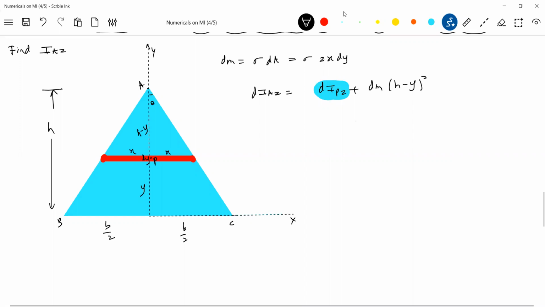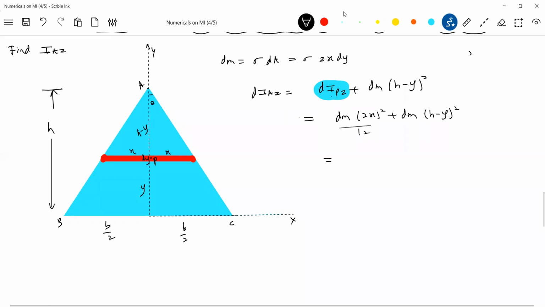So then substituting this, what should be the moment of inertia of the strip about axis passing through its center and perpendicular to its length? That should be equal to dm into the length, 2x by 12, plus dm into h minus y whole square. Substitute the value of dm, then eliminate x from what we did earlier.